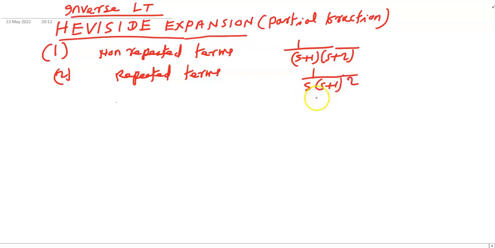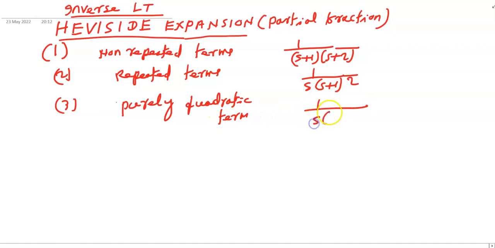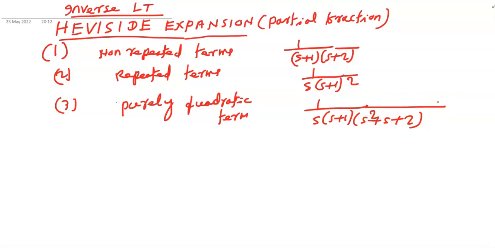You can see that the term s plus 1 is repeated. Third case is the purely quadratic terms, like 1 upon s into (s plus 1) into (s square plus s plus 2). So we'll discuss one by one how to partial fraction it.